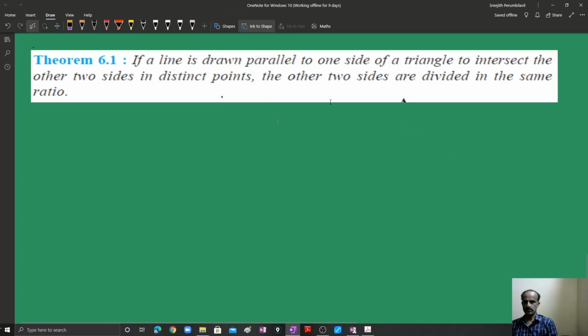So I will draw another triangle here that may not be equilateral, which is more convenient. Before naming the triangle, I'll just increase the size a bit.